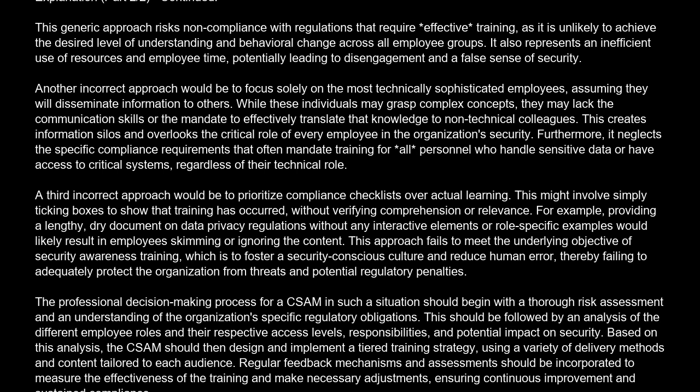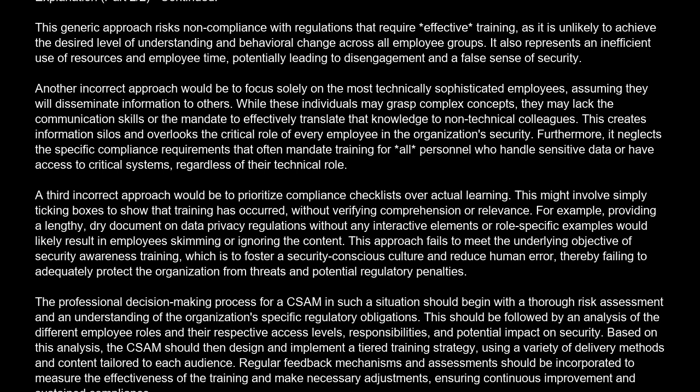It also represents an inefficient use of resources and employee time, potentially leading to disengagement and a false sense of security. Another incorrect approach would be to focus solely on the most technically sophisticated employees, assuming they will disseminate information to others. While these individuals may grasp complex concepts, they may lack the communication skills or the mandate to effectively translate that knowledge to non-technical colleagues.